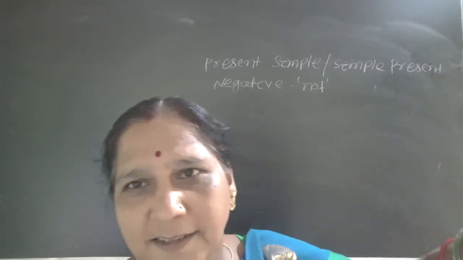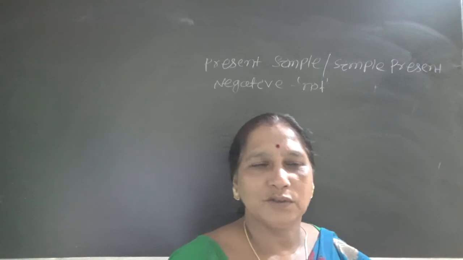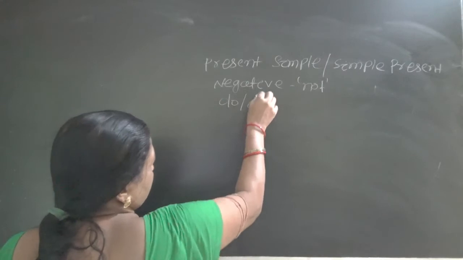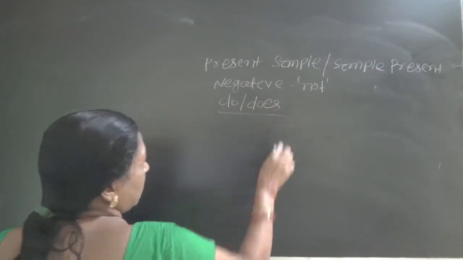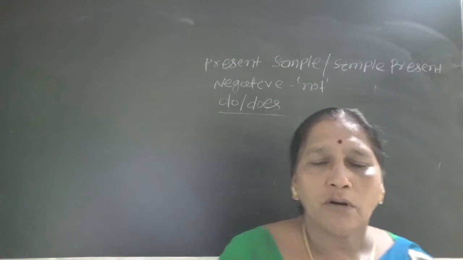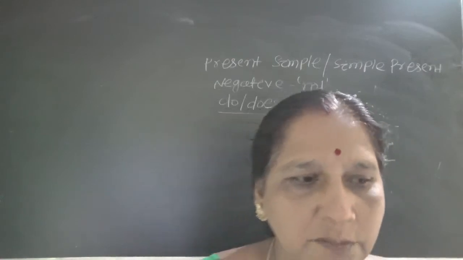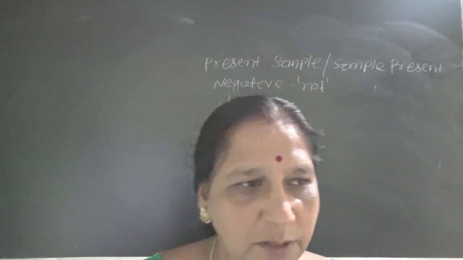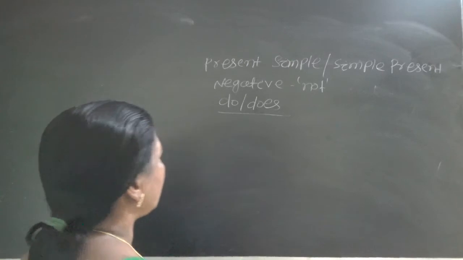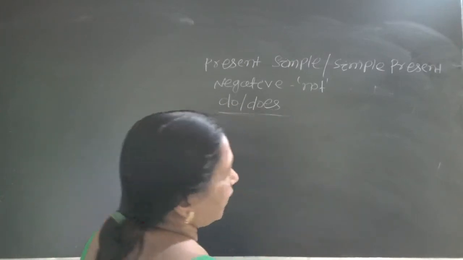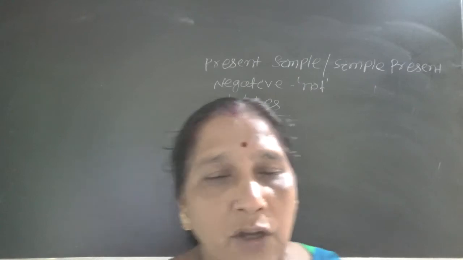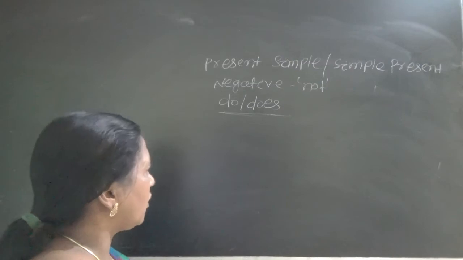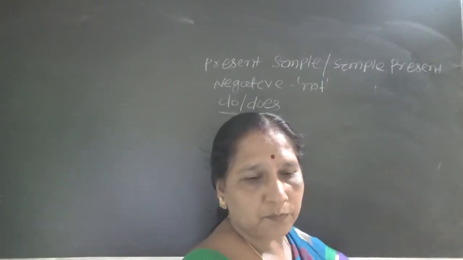So in this tense we take do or does. In the previous year, you also learned about the auxiliary verbs. The total number of auxiliary verbs is 27. Do and does are two of them. In this tense, there is no auxiliary verb, so we use do or does to turn it into negative.